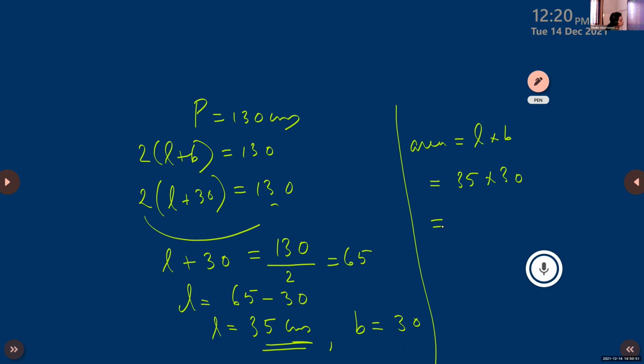Understood? Multiply properly. 1050 centimeters square will come. The area of the rectangle is the last step, right? Area of the rectangle is equal to 1050 centimeters square.